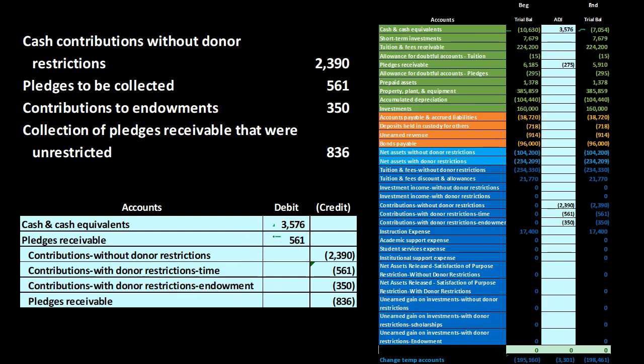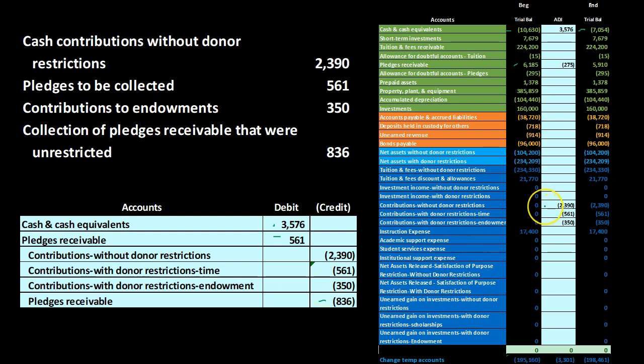And then we got the pledges receivable. The pledges receivable has a debit balance. Here it would be going up in the debit direction, but we're netting these two out. So the 836 and the 561 nets out to 275, which is a negative decrease in the receivable between the two. Then we have the contributions broken out between without restrictions, with restrictions for time, with restrictions to endowment.